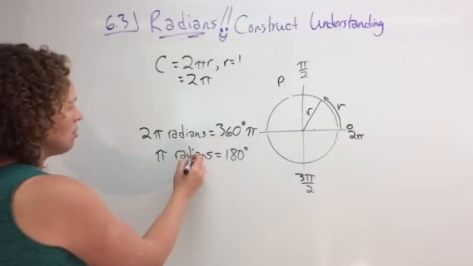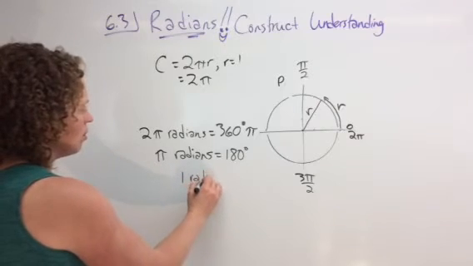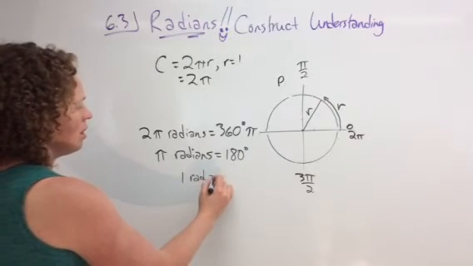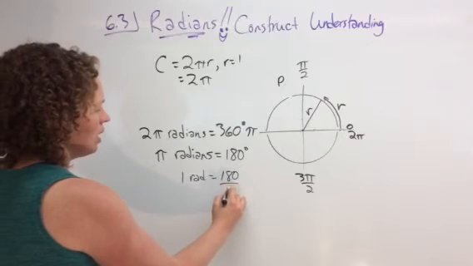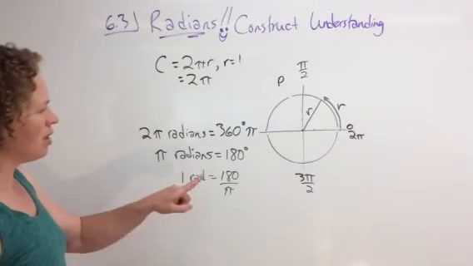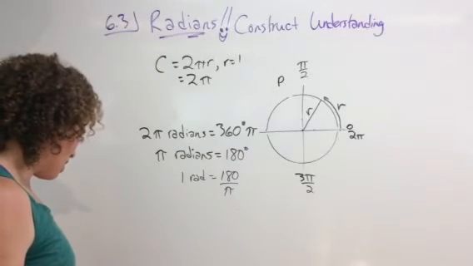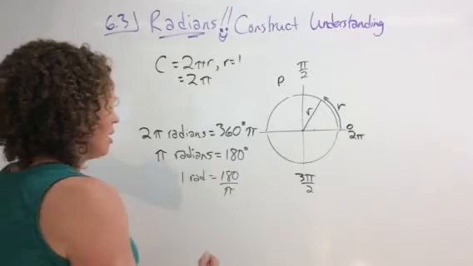So if I wanted 1 radian, I would just divide 180 by pi. So 1 radian, we'll call it a rad, is equal to 180 divided by pi, simply because pi times radians equals 180.